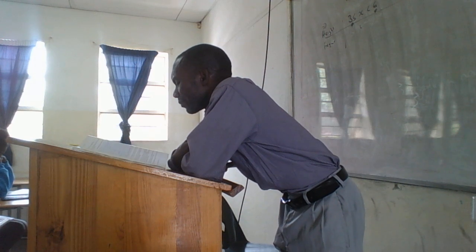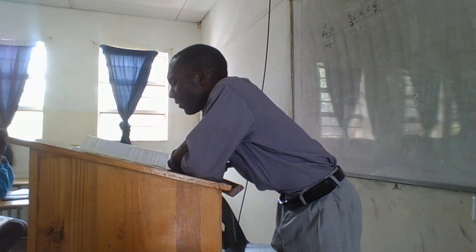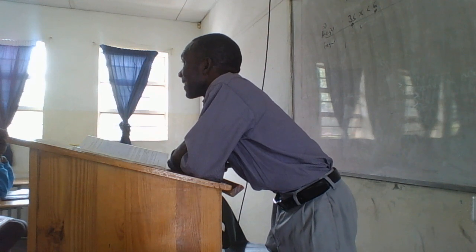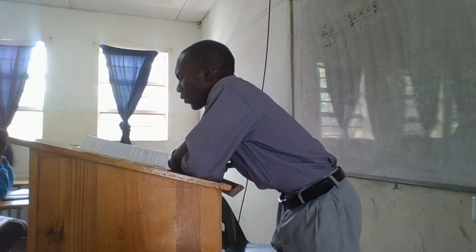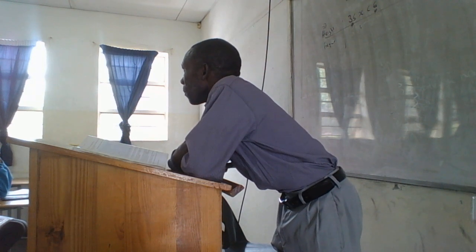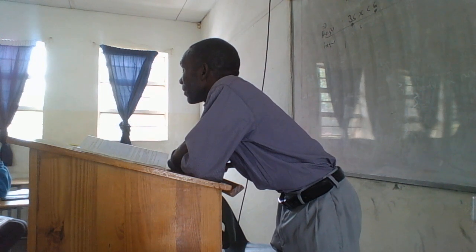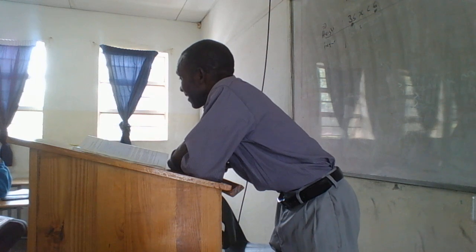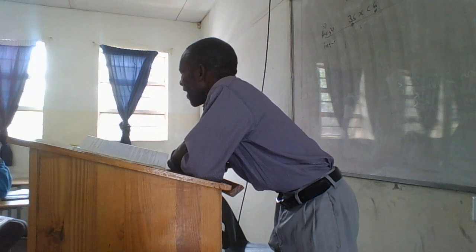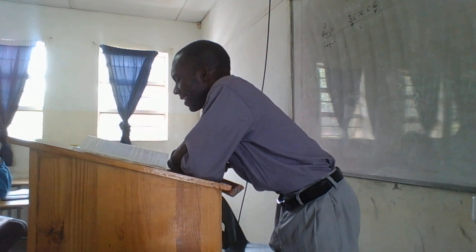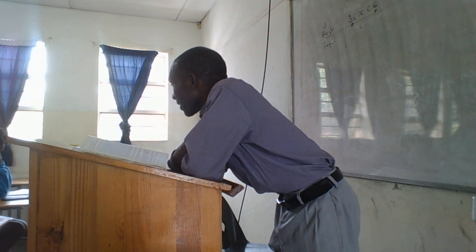Less than 3 is 0. In other words, the number of values less than 3 is 0. But from 3 to less than 6, the frequency is 1.